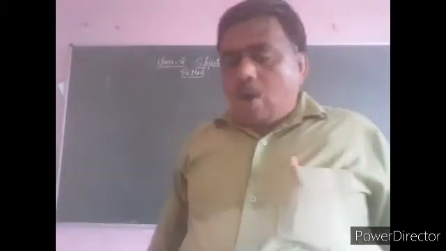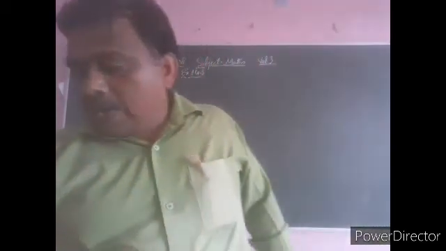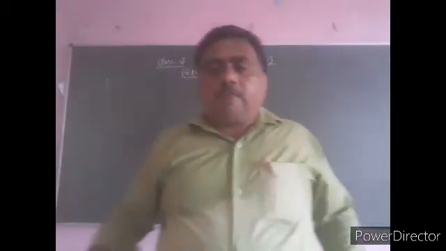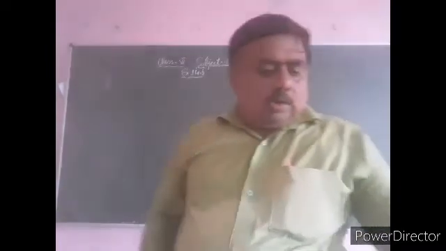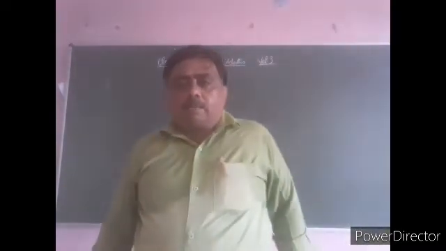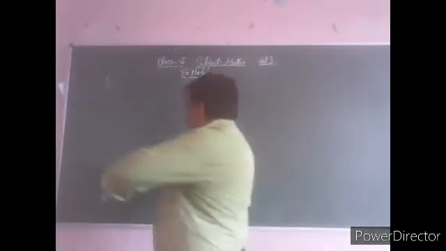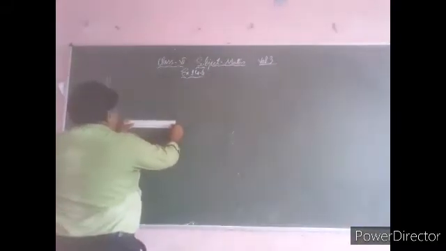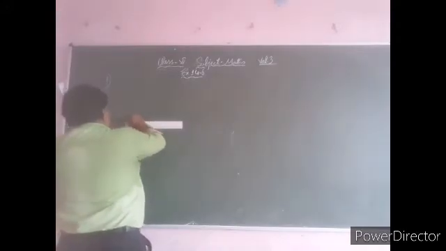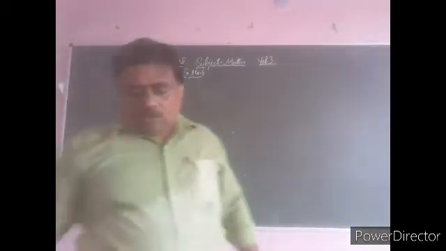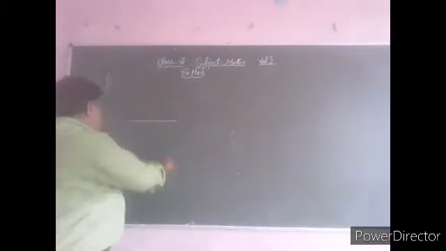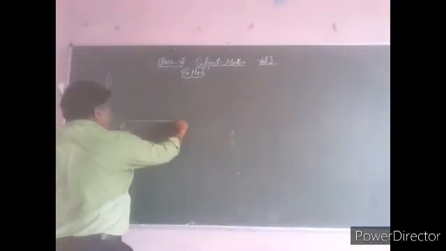So first of all, how to draw an angle of 75 degree with the help of ruler and compass. Draw a line. Suppose this is A and B.